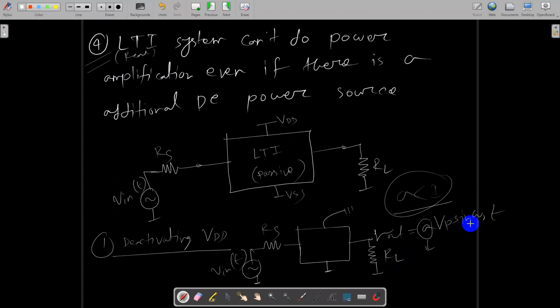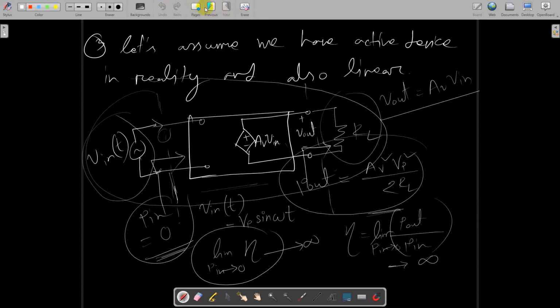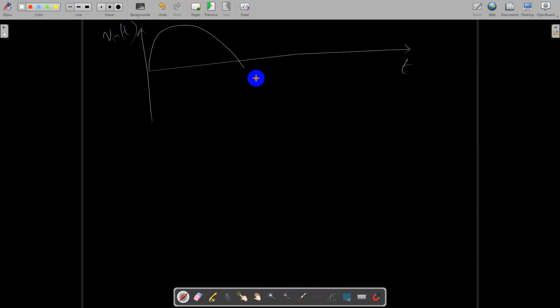So what about the power? Let's see the next page. This is T. This is V in T. This was VP.